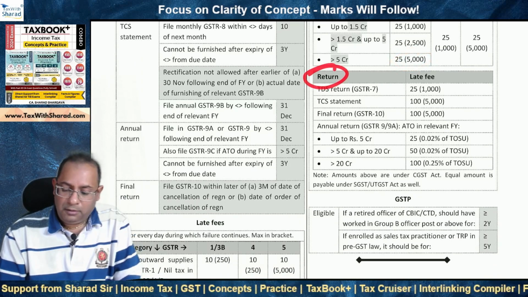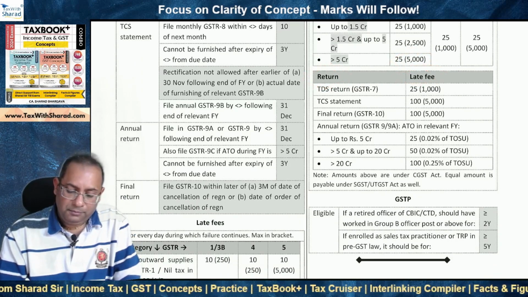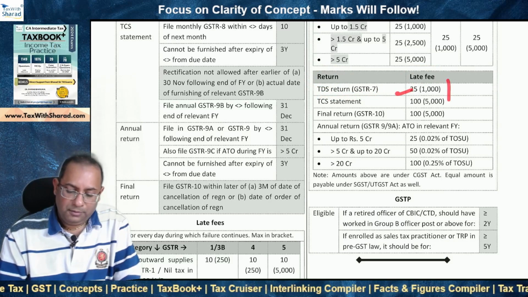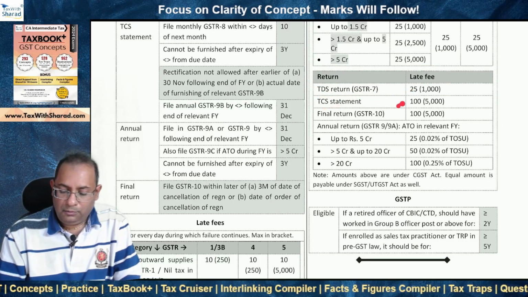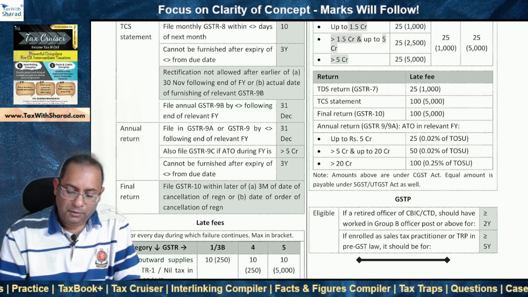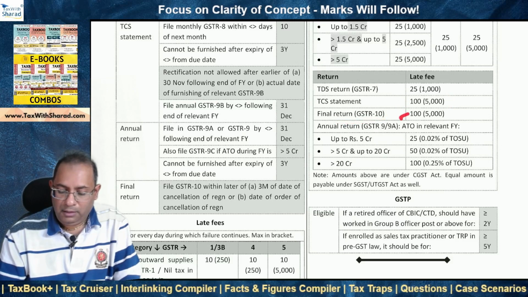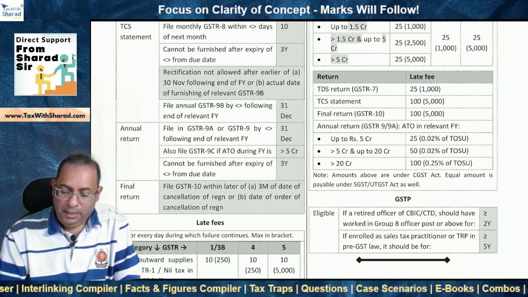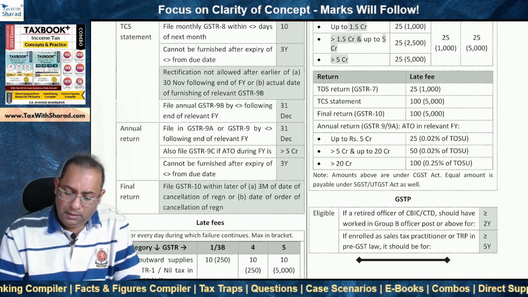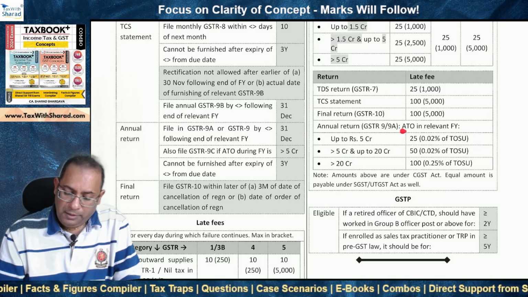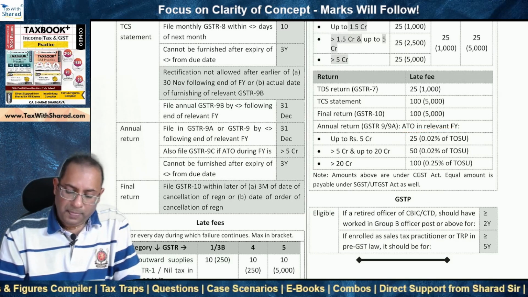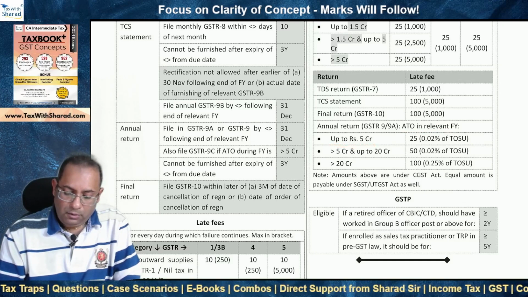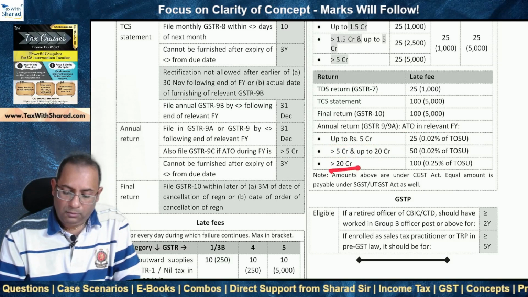In respect of certain returns also, there is a late fee which has been prescribed. In case of TDS return, GSTR 7, 25 per day, maximum 1,000. For TCS statement, 100 per day, maximum 5,000. For final return in GSTR 10, 100 per day, maximum 5,000. In case of annual return in GSTR 9 or 9A, it depends on the ATO in the relevant financial year, whether it is up to 5 crore, or more than 5 crore and up to 20 crore, or more than 20 crore.